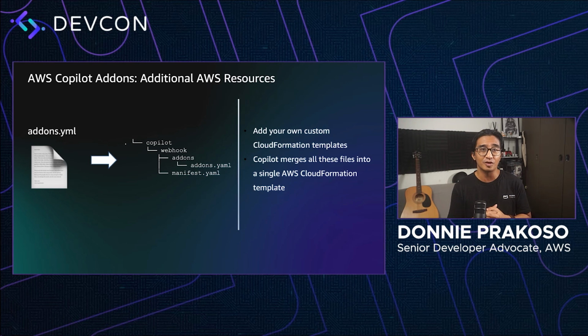Copilot has a feature called add-ons that allows us to add additional AWS resources by leveraging CloudFormation templates. And these resources can be anything from databases using Amazon RDS, to Elastic File System using Amazon EFS that helps you to automatically grow and shrink as you add and remove files without the need for management or provisioning.